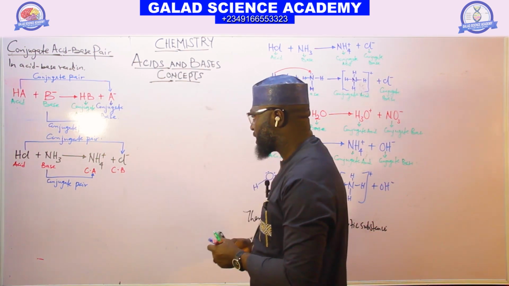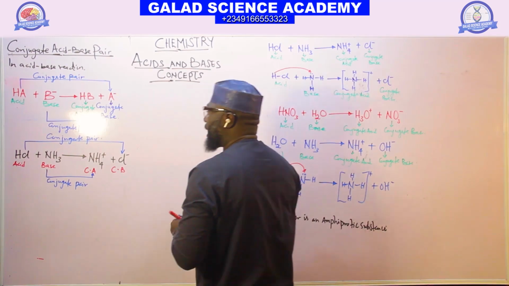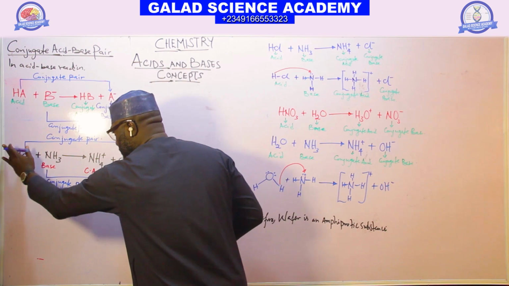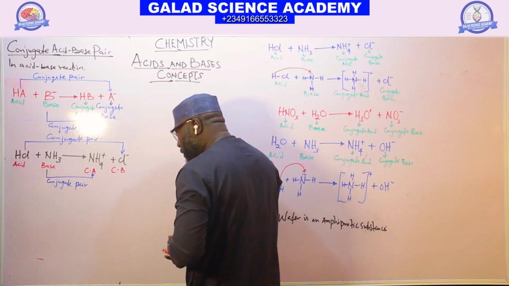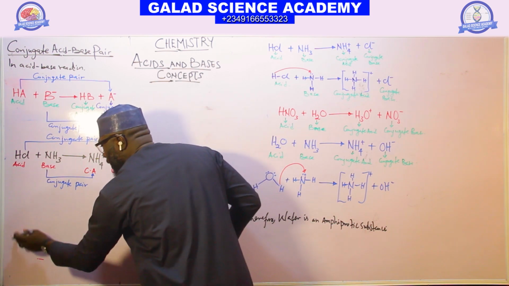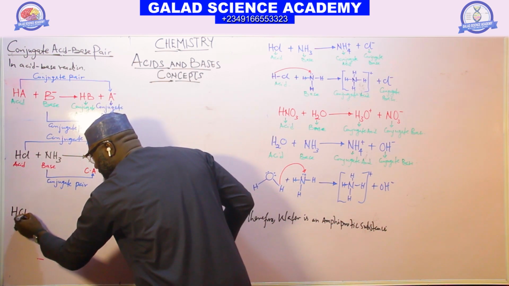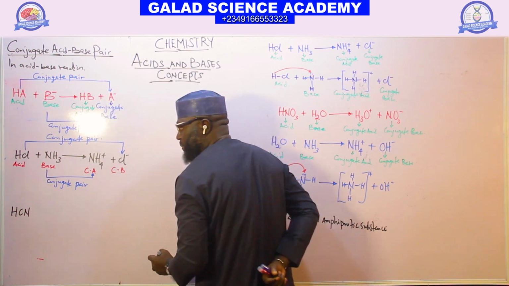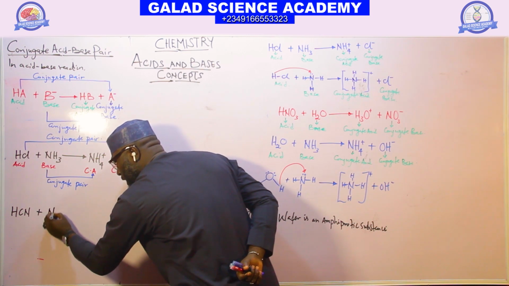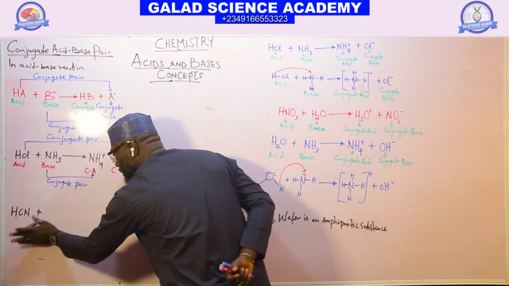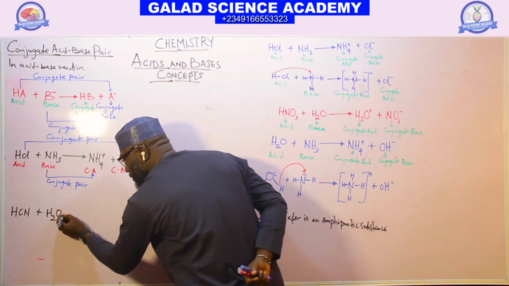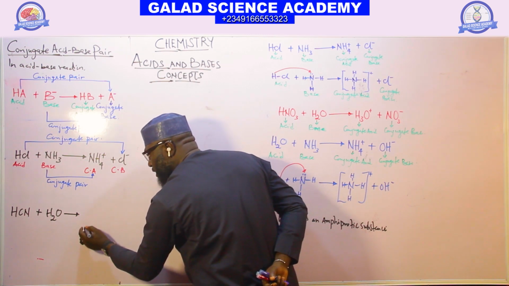Now, let us look at another example. That was the first one. The second example: hydrogen cyanide, HCN, is an acid and reacts with H2O. After the reaction, the cyanide gives its proton to the water, and this becomes H3O plus and CN minus.